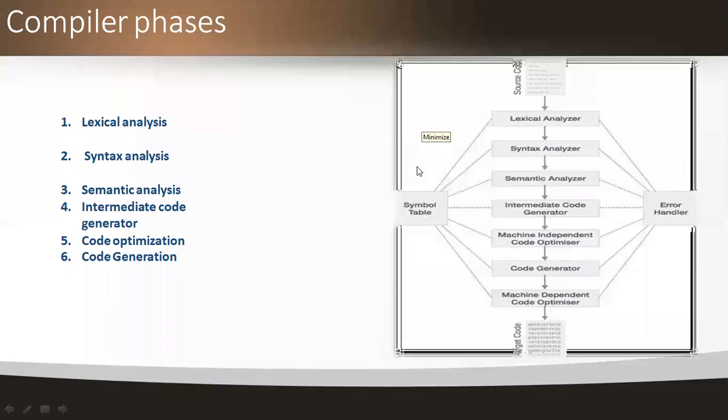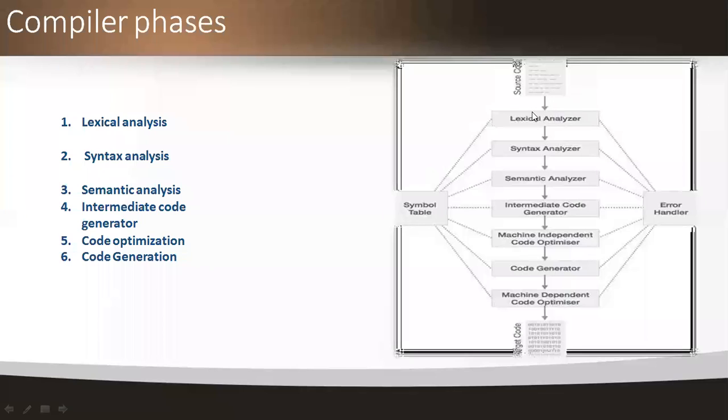As I already explained in the last class, the compilation takes place with 6 phases here. What do the various phases mean? Here we are learning about 6 phases, which we consider the main phases for doing the compilation, and the 2 other sub phases are the symbol table and the error handler.